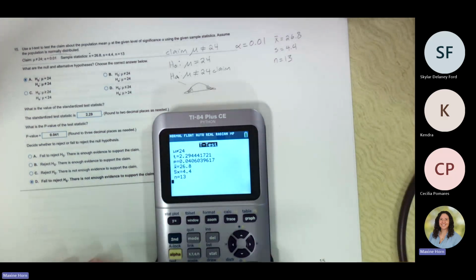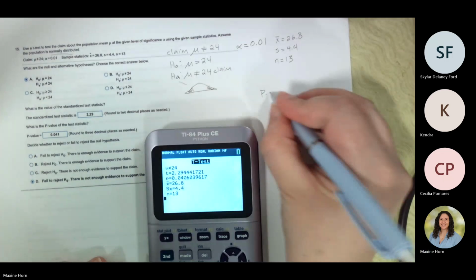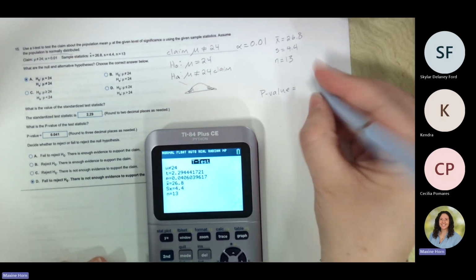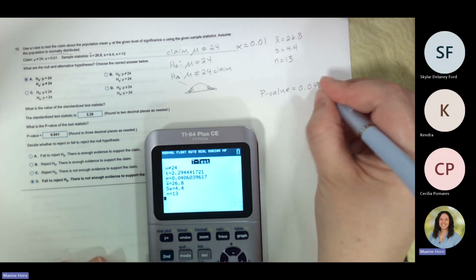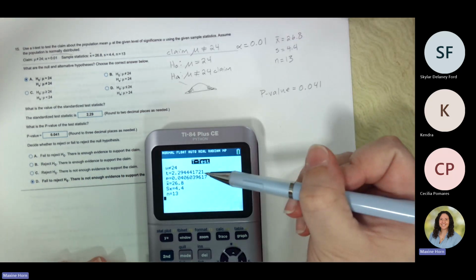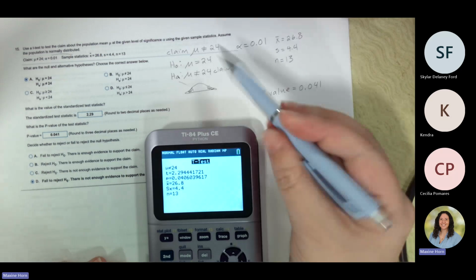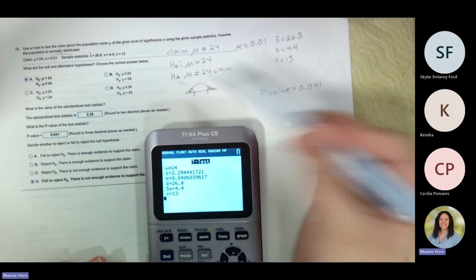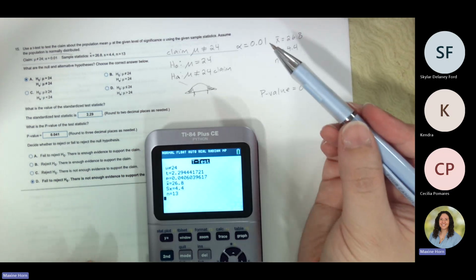Okay. So our p-value, if rounded to 3 decimal places, is 0.041. And our test statistic is 2.29. Keep in mind that's this right here, 2.29, but this over here would be just negative 2.29, right?